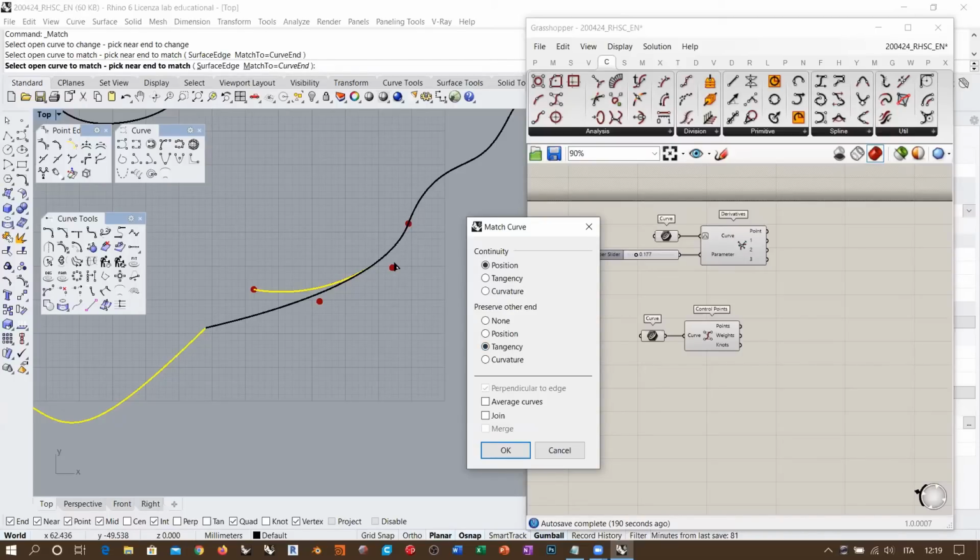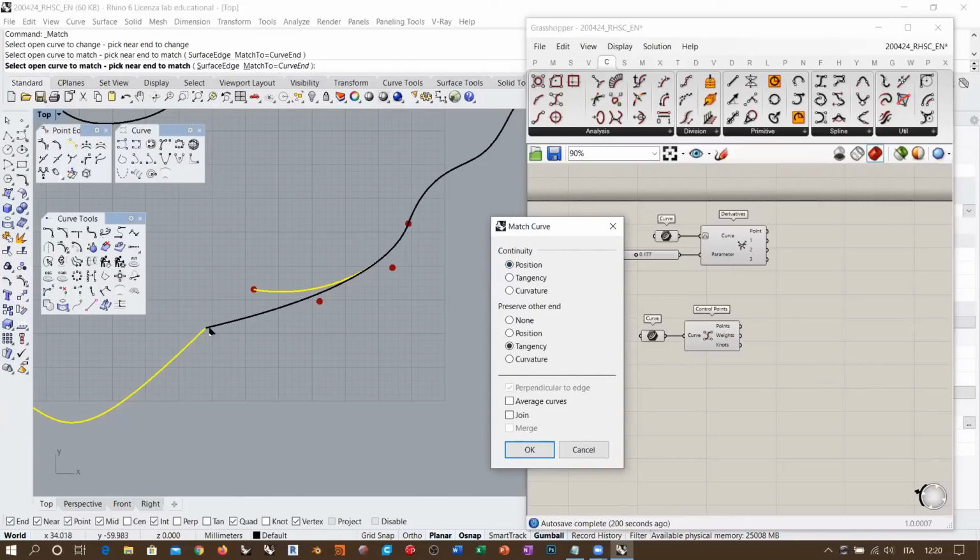And this is possible because I have 4 control points available. So I can match this curve to be in contact with the opposite curve here and still be tangent to the second line that I have here on the right.